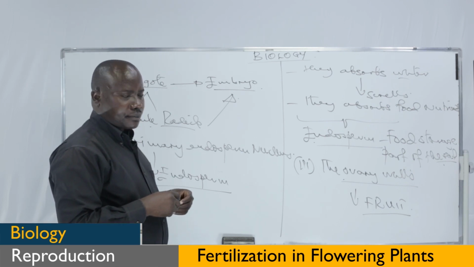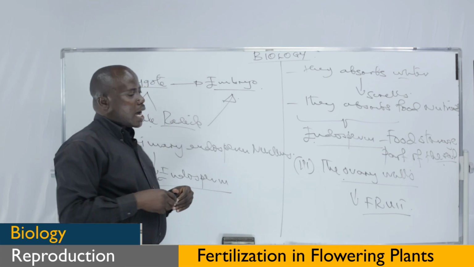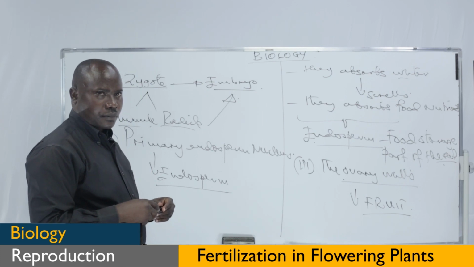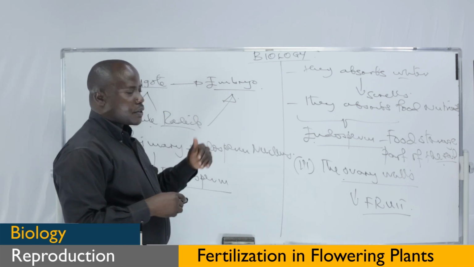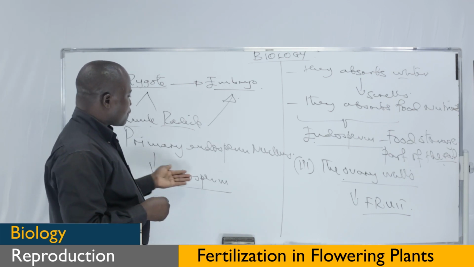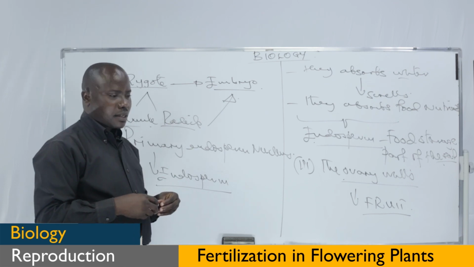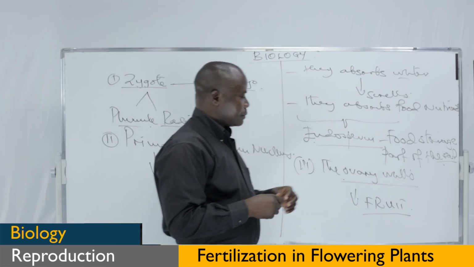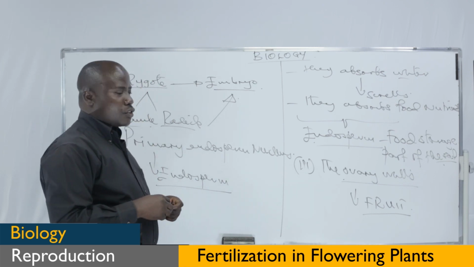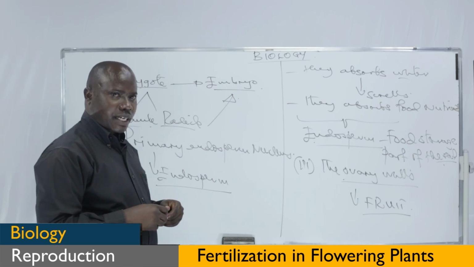My dear students, to respond to this question, you will have to consider all of these aspects: the formation of the embryo from the zygote, the formation of endosperm from the primary endosperm nucleus, and the formation of the fruit from the ovary wall. By so doing, you will have responded to this question correctly.